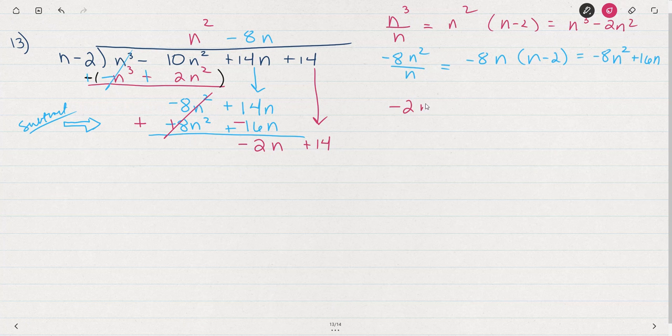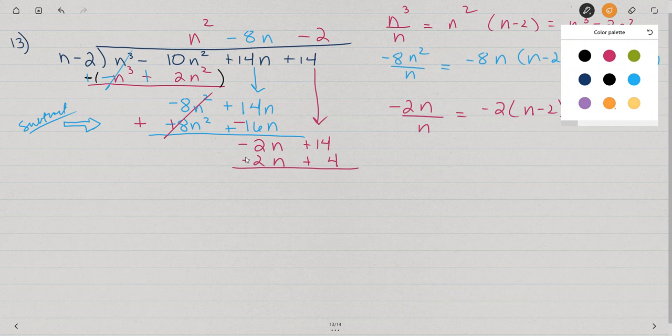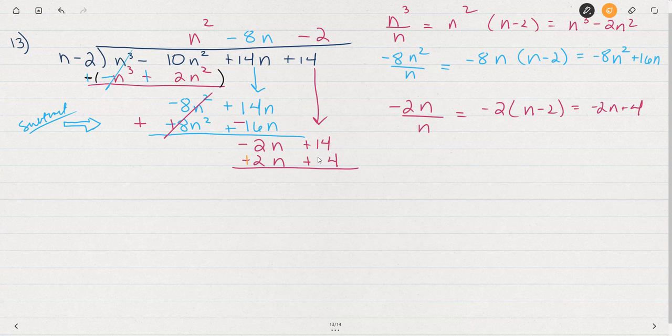I have negative 2n, and I'll divide by n, and that's negative 2. Multiply it by n minus 2, or in other words, distribute. We have negative 2n plus 4. Remember that we're subtracting here, so that means I've got to change both of these to their opposite.